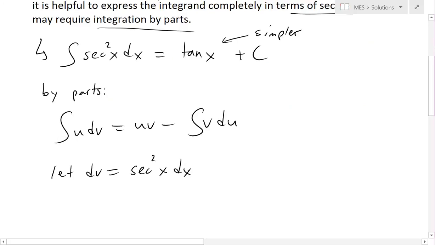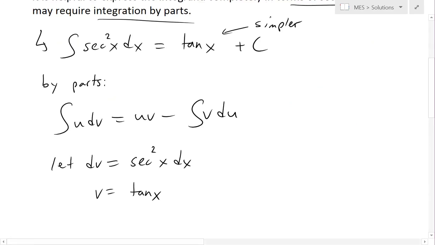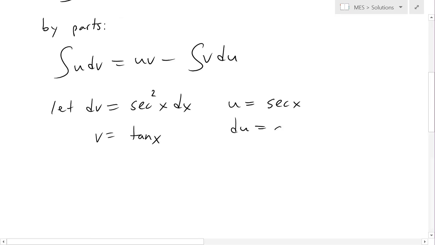The integral of this is going to be v, that equals tan of x. So we'll be left with u equals just regular secant of x. And then the derivative here is going to be du equals secant x tan of x dx.